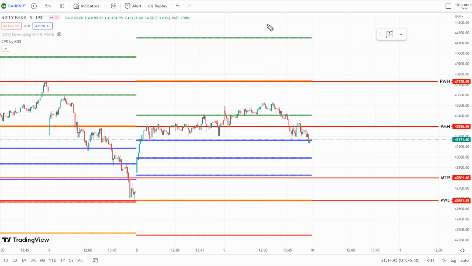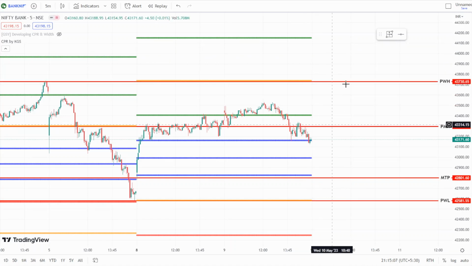Now what is monthly pivot speaking? Monthly R1 is also, sorry, weekly R1 is also important, 43,400 level. Unless and until, I would suggest you, candles will not cross 43,730, there will be no trend in the market.